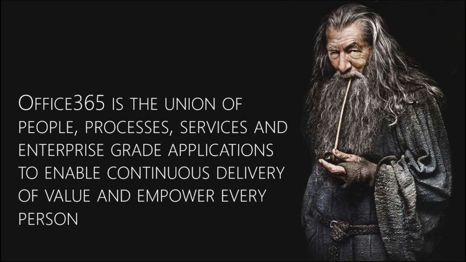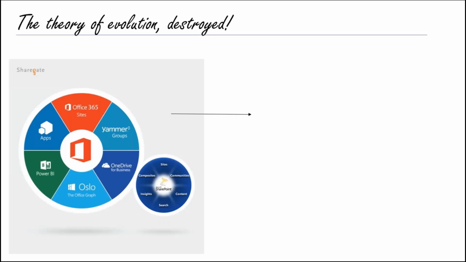And I don't know how many of you will remember this was the first wheel of Office 365 years ago. We had the site, communication, content, search, insight, and composites from the SharePoint era. Like this was SharePoint 2010, 2013. Call it whatever you want to call it.